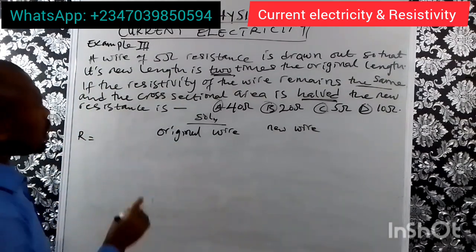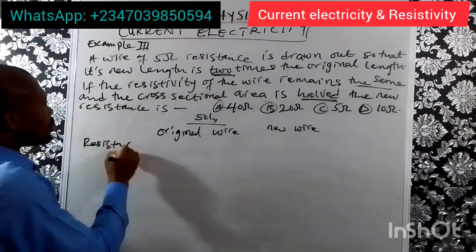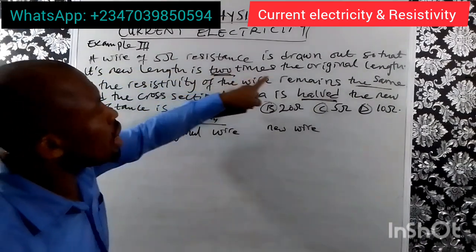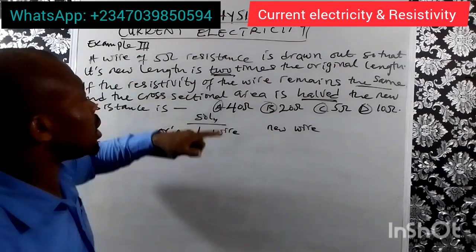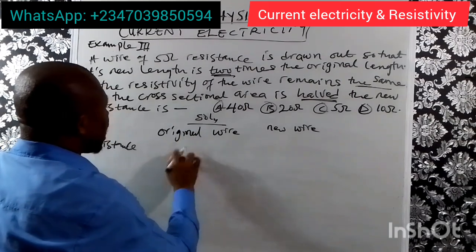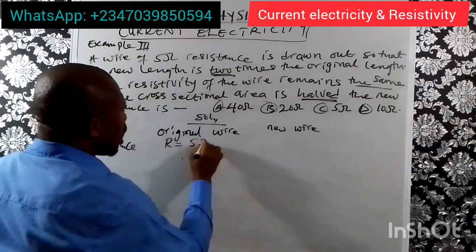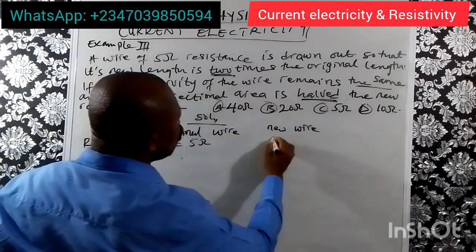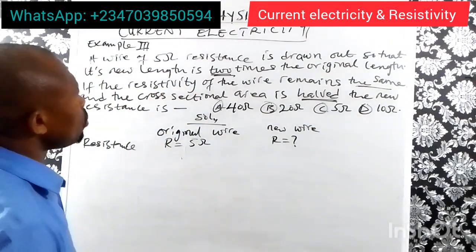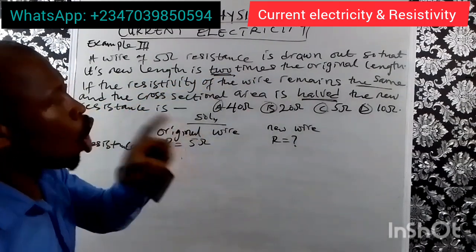In terms of resistance, a wire of resistance 5 ohms is drawn out, so R here is 5 ohms. Under the new one, we are looking for the new resistance, so that its new length is 2 times the original length.